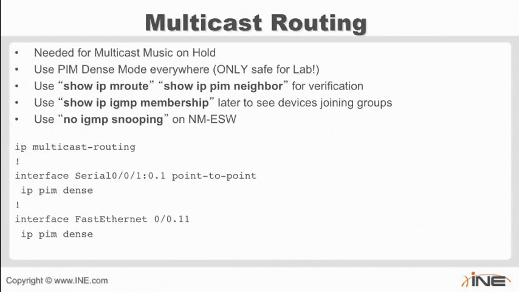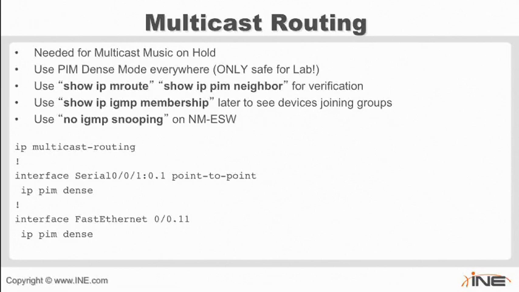So we need PIM dense mode there on the incoming server VLAN layer 3 interface, most likely a layer 3 subinterface of a FastEthernet at our corporate headquarters or site 1. We'll also need it outgoing to the voice VLAN layer 3 interface on the corporate headquarters, or router 1.